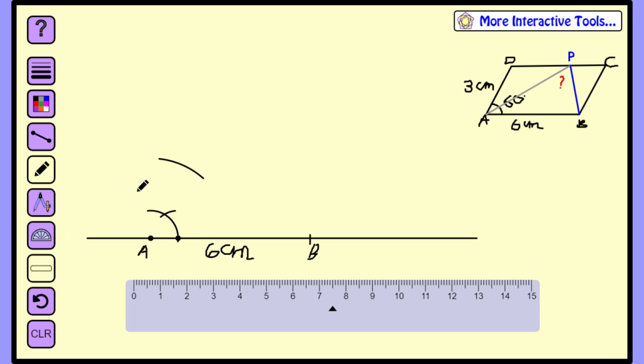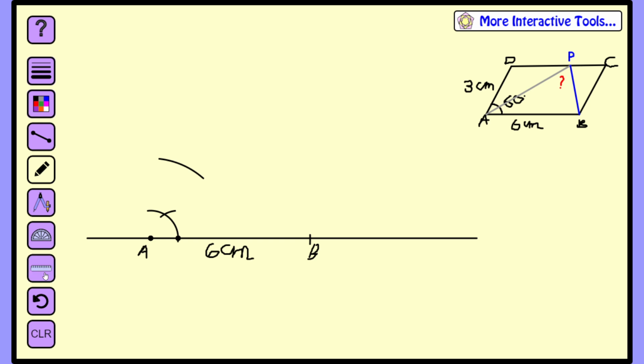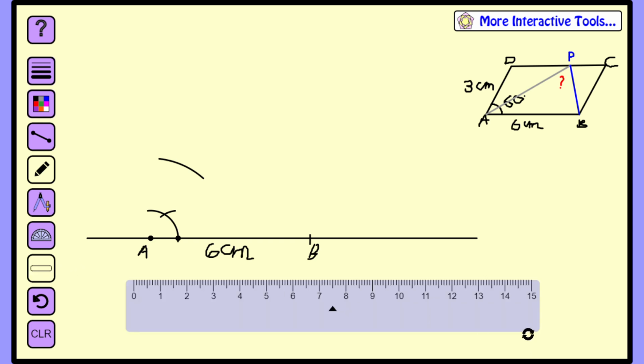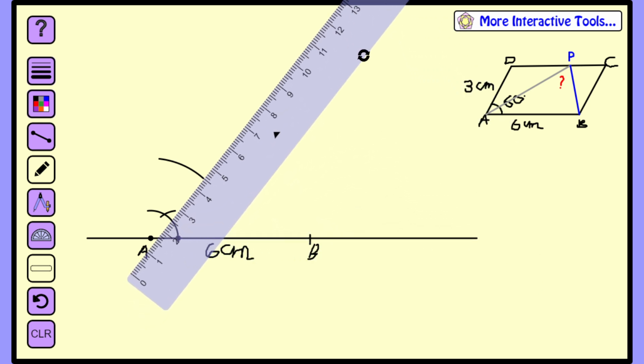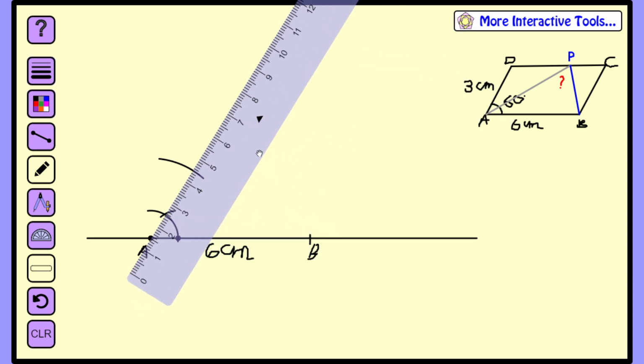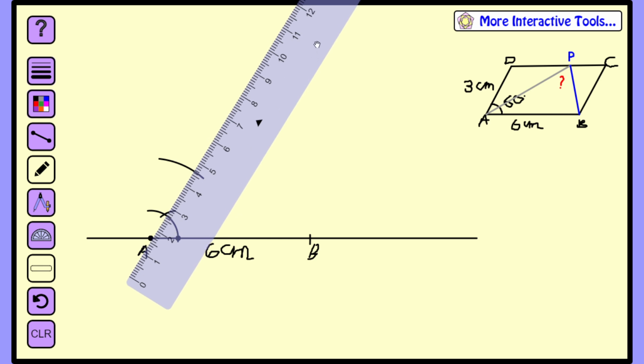Now this specific intersection of the two arcs is the arm of the 60-degree angle. So let's draw the arm of the 60-degree angle. Join A through this intersection so as to get the arm of the 60-degree angle.